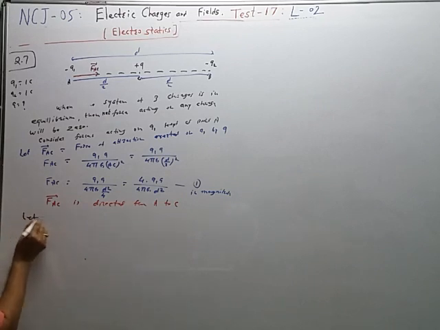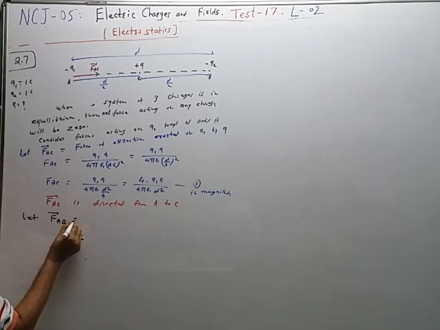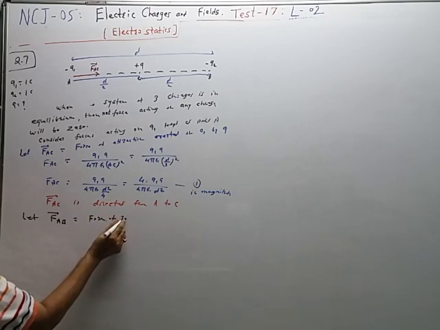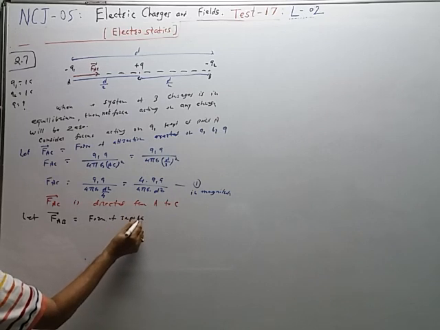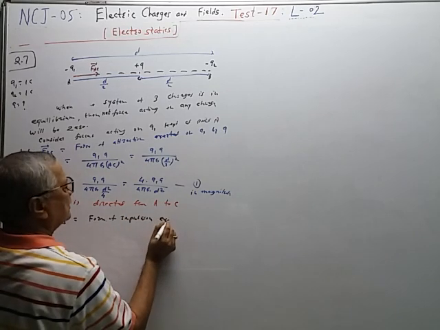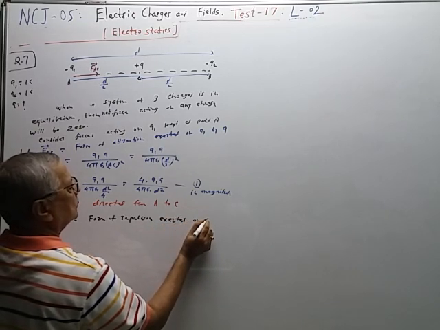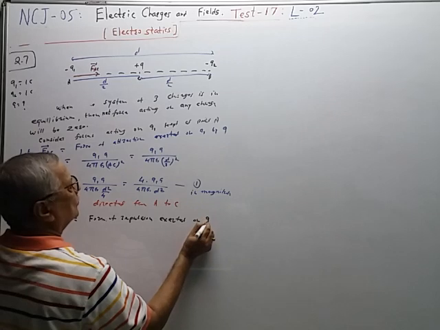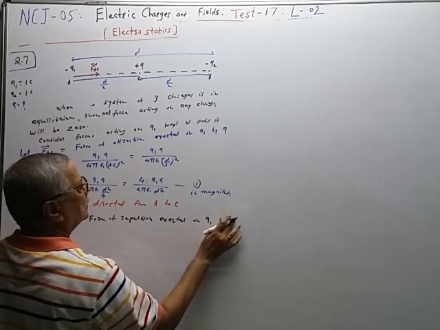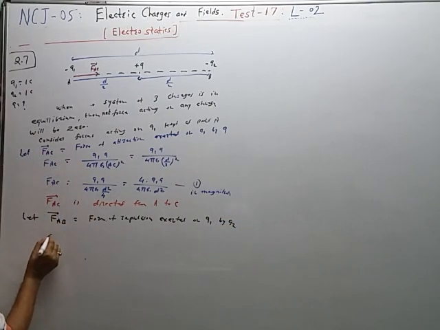Let FAB is equal to force of repulsion. Force of repulsion exerted on Q1 by Q2.